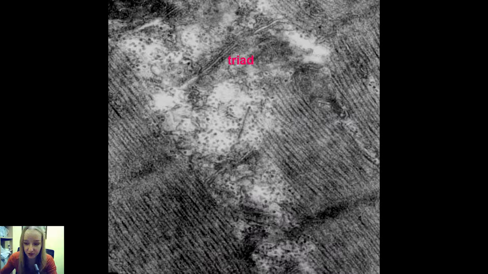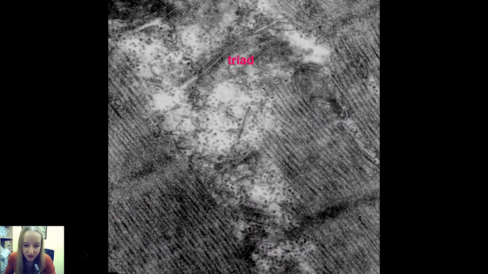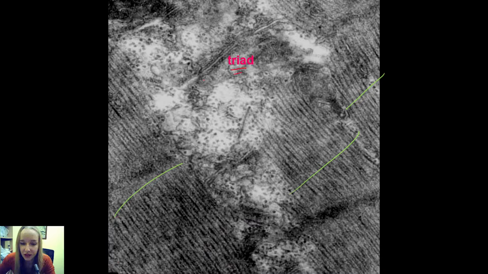So we have once again a myofibril, and the second one is coming somewhere else. It's not sectioned very properly, but here we have this triad. In the middle, this part right here, this space, is the T-tubule, the transverse tubule.